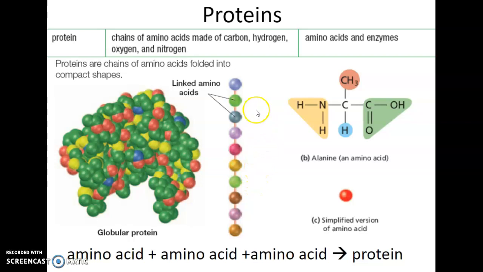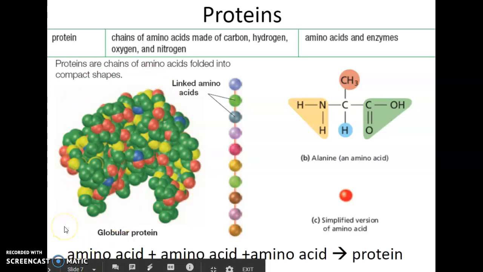For example, some amino acids are hydrophobic, fearing water. Some are hydrophilic, loving water, wanting to be dissolved in water. So the hydrophobic ones will stay away from the hydrophilic ones. Twisting and moving of the amino acids from this primary sequence into this tertiary or third degree structure is the final shape of the protein.